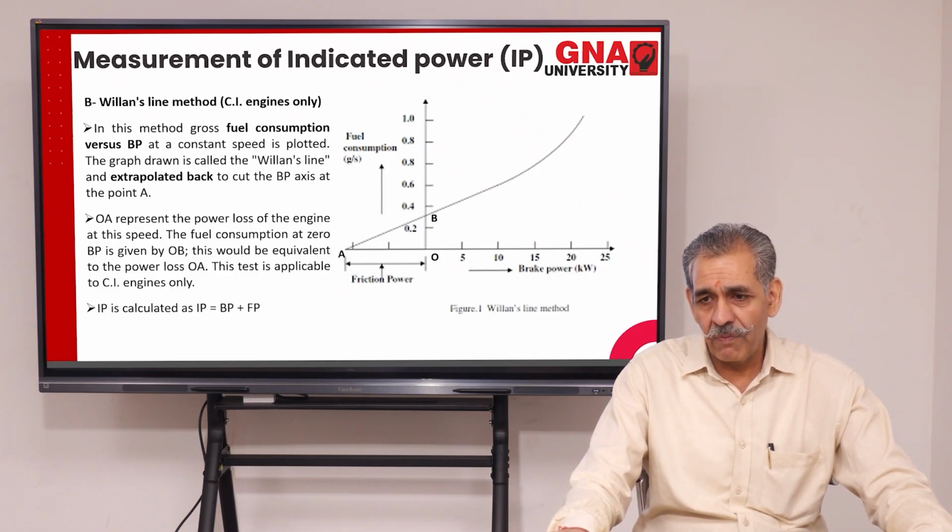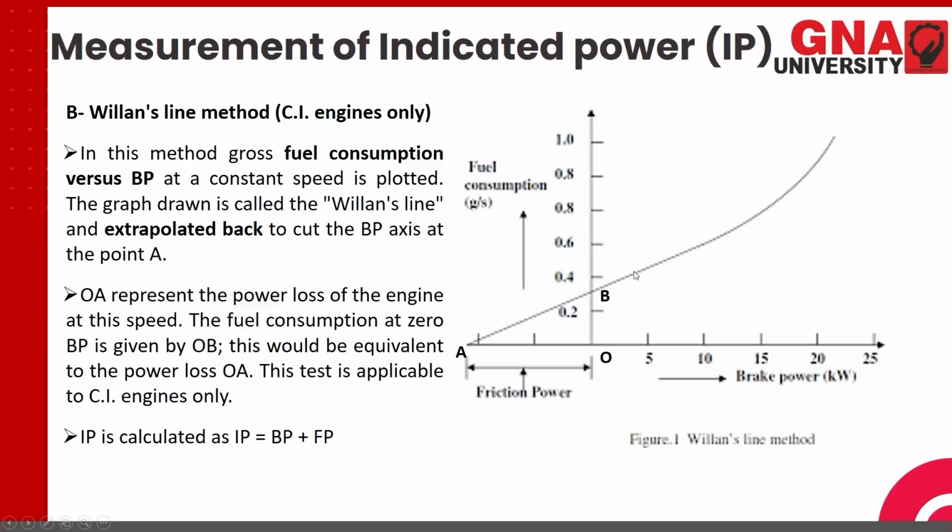The other method for measuring the indicated power is the Willan's line method. This is used only for CI engines. In this method, a fuel consumption versus brake power graph is plotted. On the x-axis we take brake power and on the y-axis we take fuel consumption. You change the load and measure the brake power.